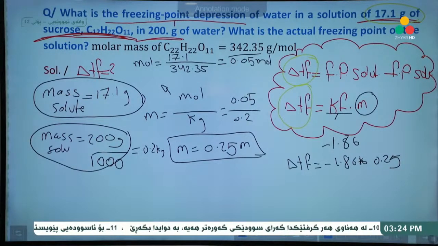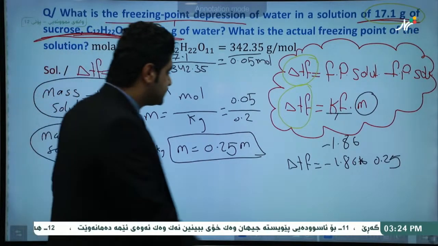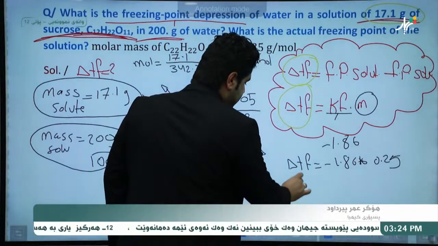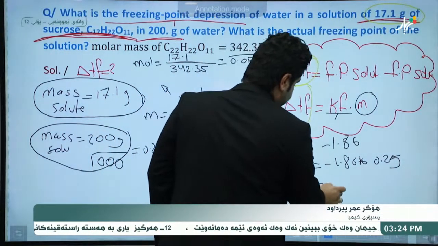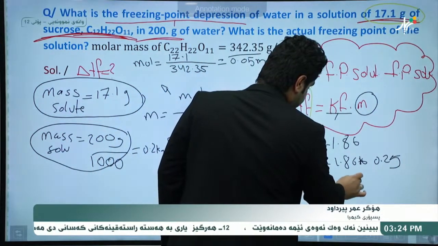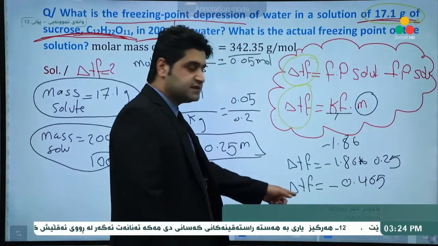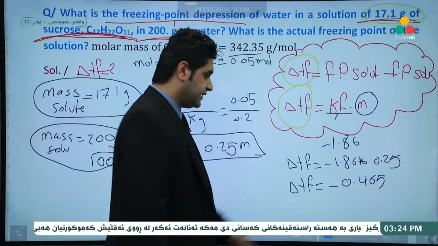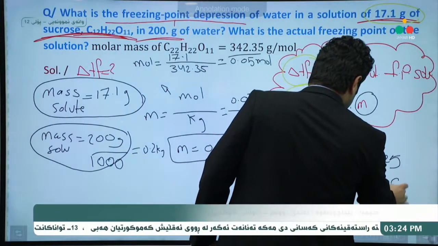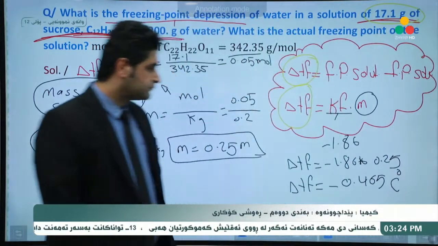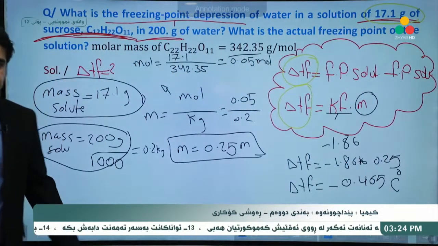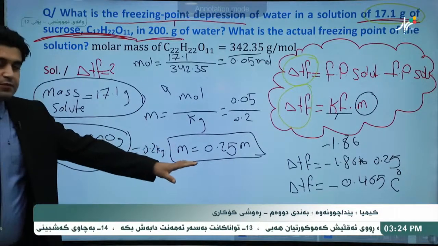We just substitute each number, so delta Tf is equal to minus 0.465 as the freezing point depression. It is in units of Celsius degrees.